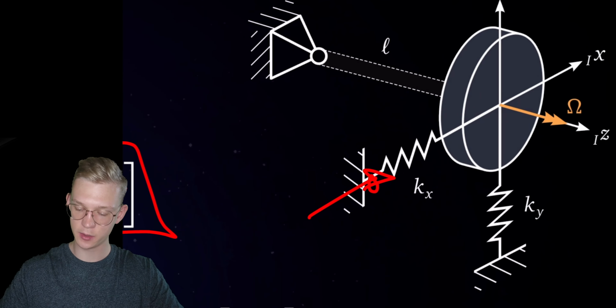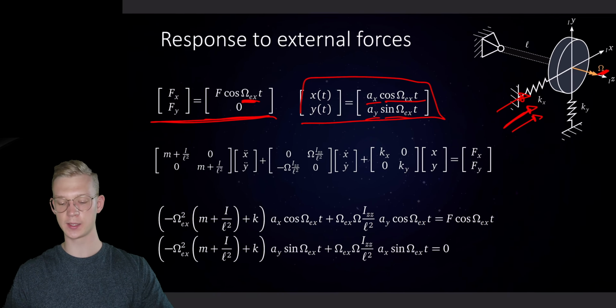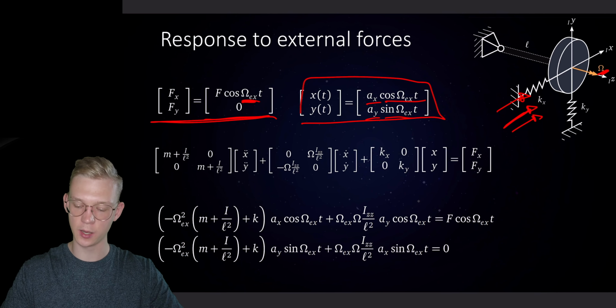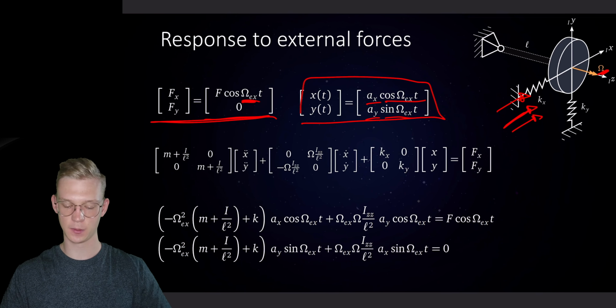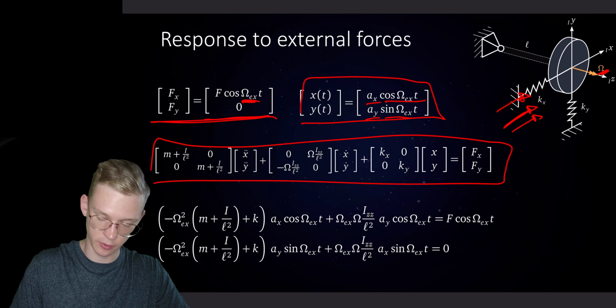Once we have the rotation speed, and the other time we have omega as our excitation frequency. So omega x and omega are not related. This is our equation of motion.